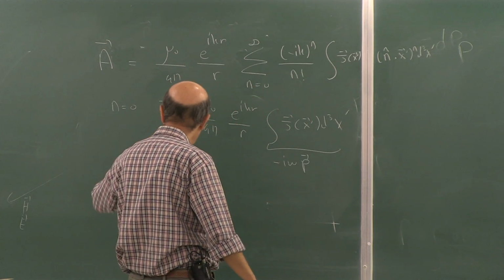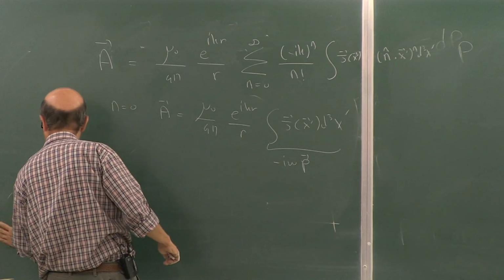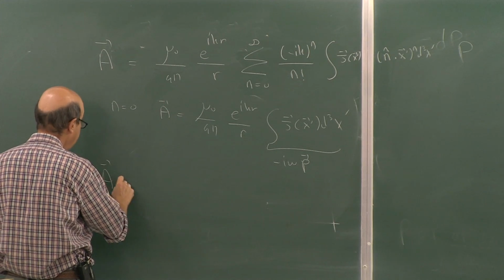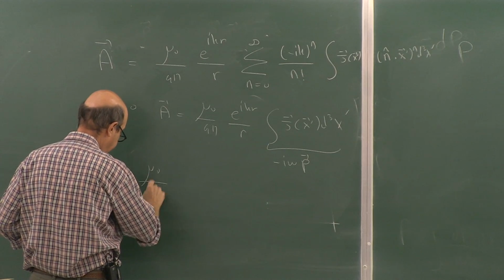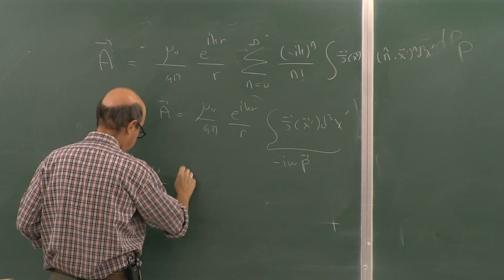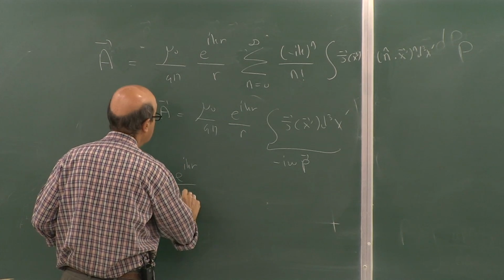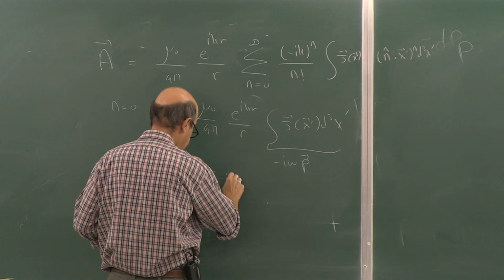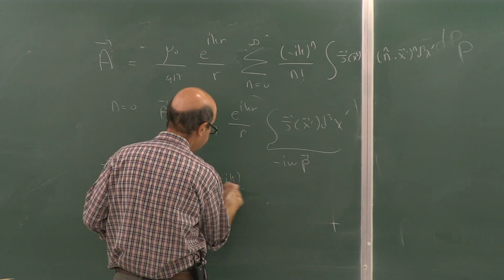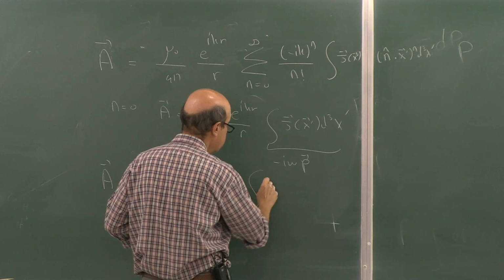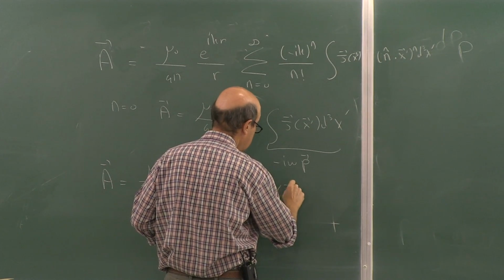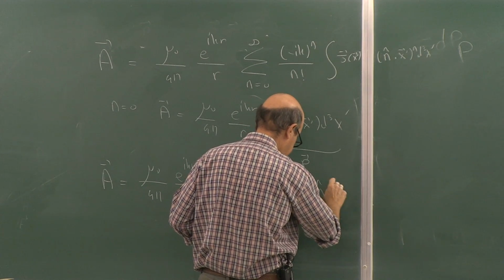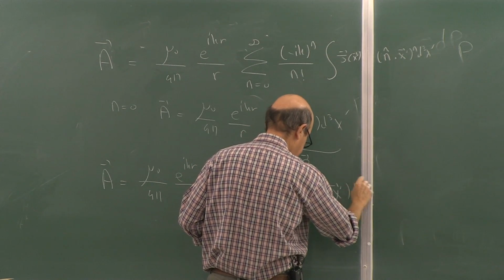So if you look at the one higher order term, you will end up with the vector potential mu0 over 4 pi, e to the ikr over r. When n equal to 1, that will be minus ik over 1, current density, and that x prime d cube x prime.